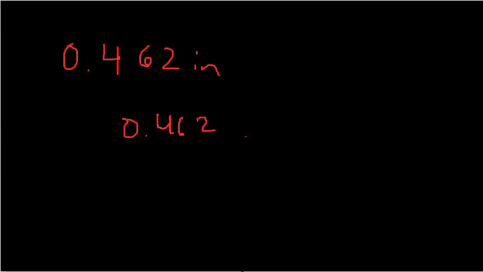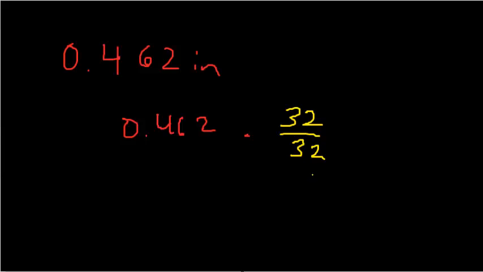So switching gears a little bit, one useful thing with measurements is to take a decimal measurement, say 0.462 inches, and find the nearest equivalent of a 32nd of an inch. So to do this, we can take our decimal 0.462 and multiply it by 32 over 32.